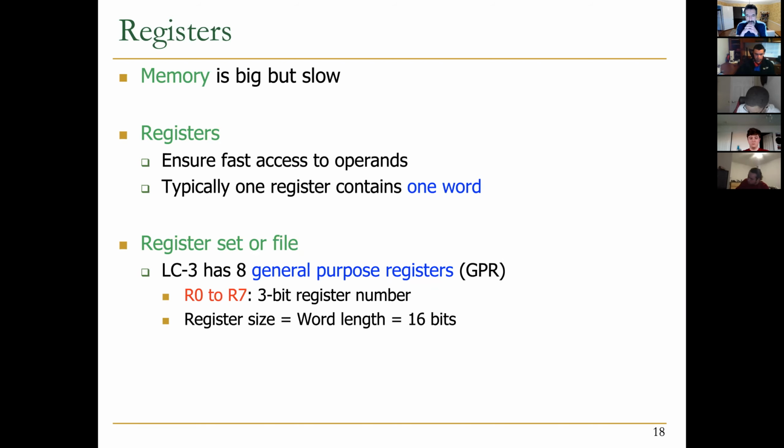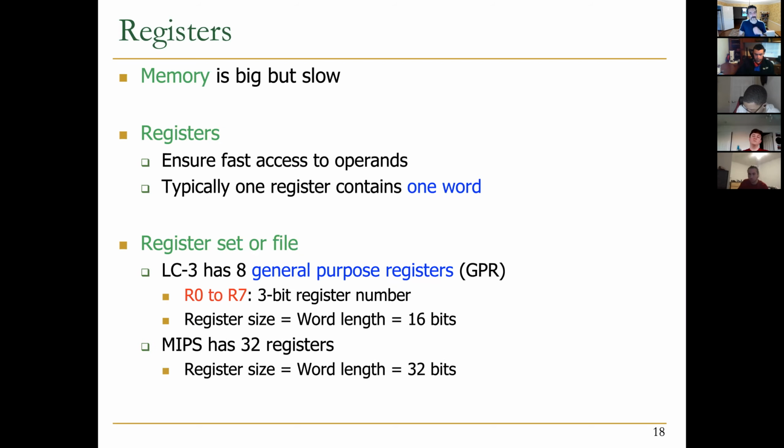And you know that the word size in LC-3 was 16 bits, right? MIPS, on the other hand, has 32 bits for each word, and that's the register size of MIPS. So these are some basic definitions.